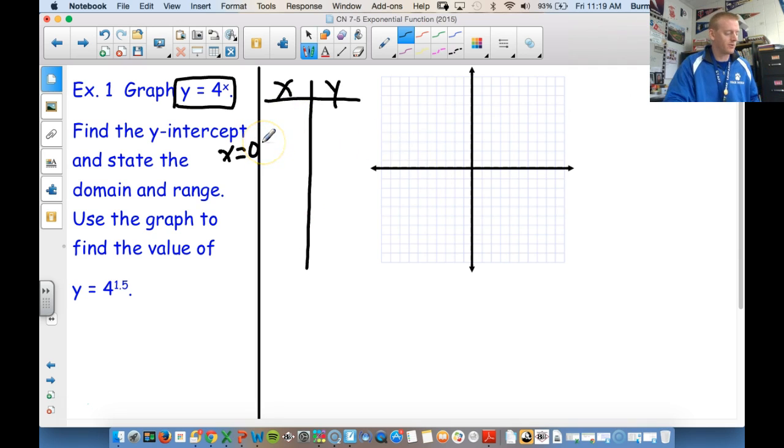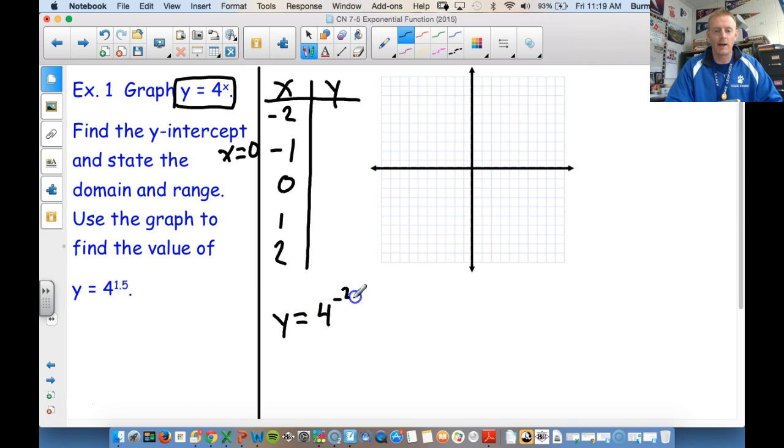So you're going to use your trusty calculators to help you figure things out. So let's start with our normal set of numbers, -2, -1, 0, 1, 2, and let's see if we can get this graph to look for us the way it's supposed to. So when I plug in a -2 for x, it's going to say y is equal to 4 to the -2.